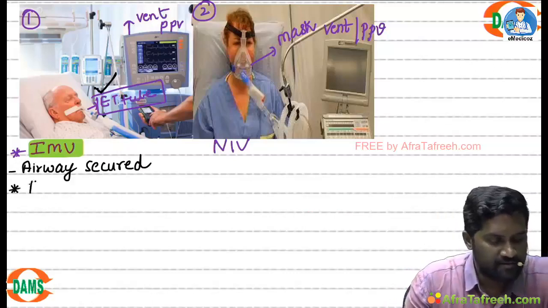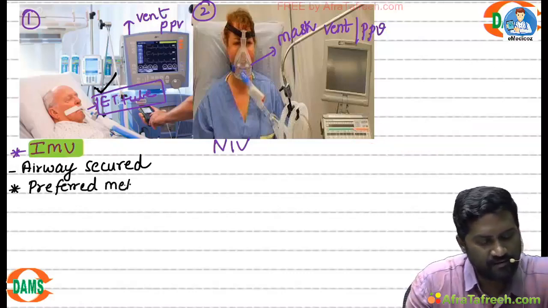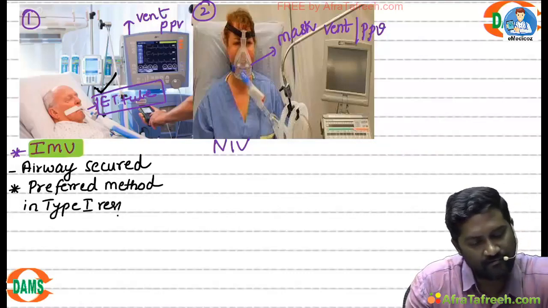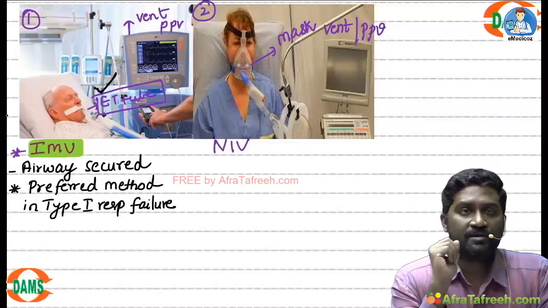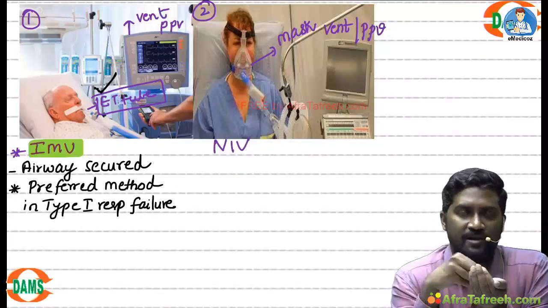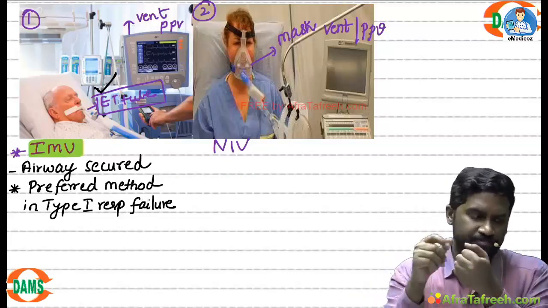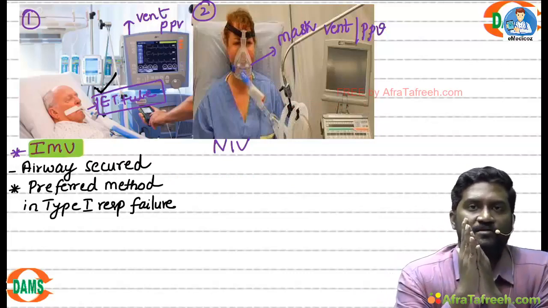And this is considered the preferred method of ventilation in type 1 respiratory failure. Now what is the reason behind this? What exactly is the problem in type 1 respiratory failure? Oxygen is coming into the alveoli, but it is not going into the blood circulation. Now tell me, students, pressure at what level is important?